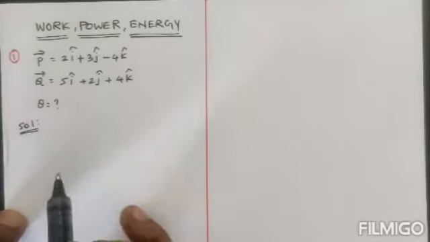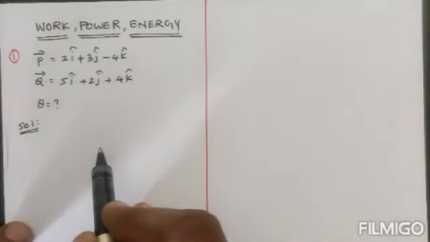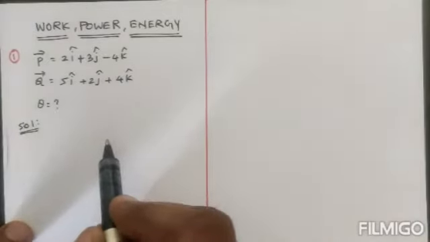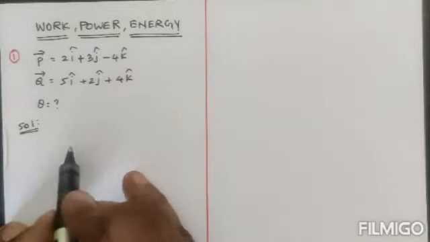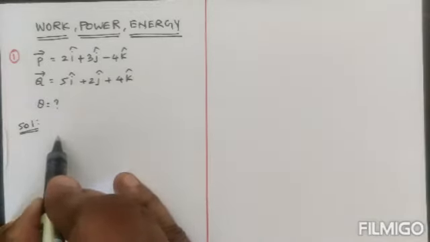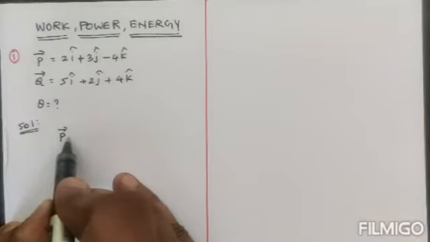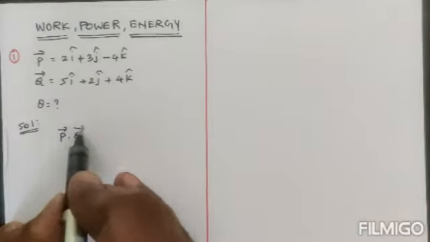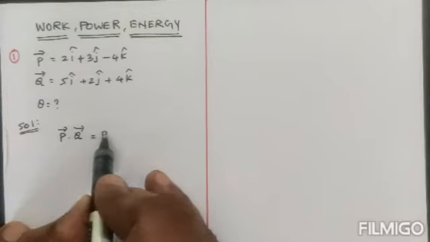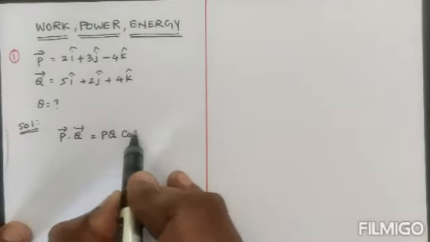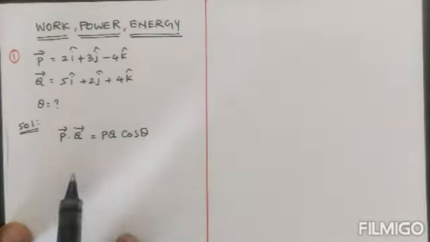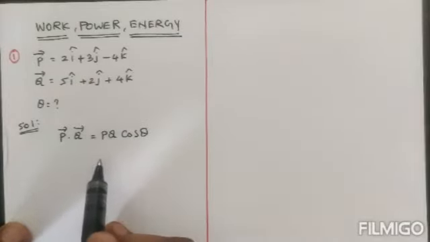In the scalar product, the formula for the angle between the two vectors is P vector dot Q vector equal to PQ cos theta. So this is the formula for dot product.